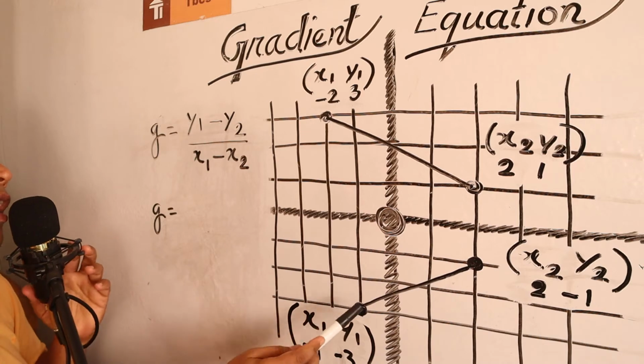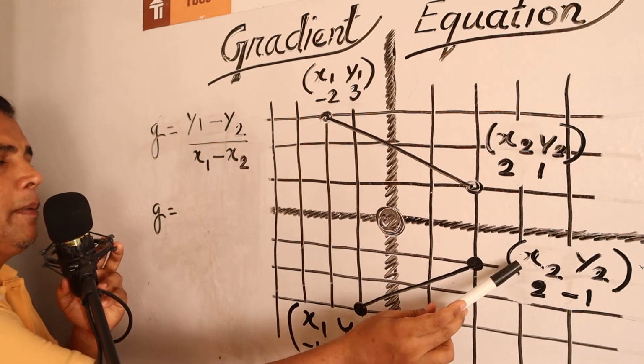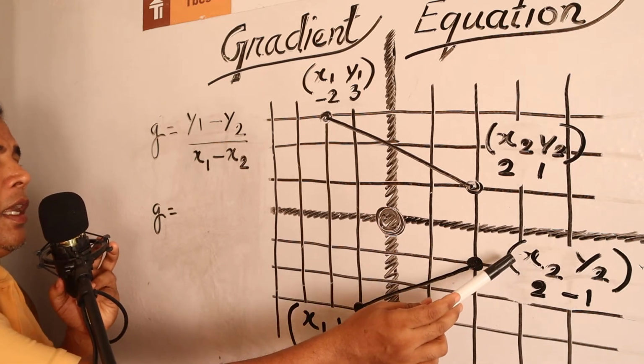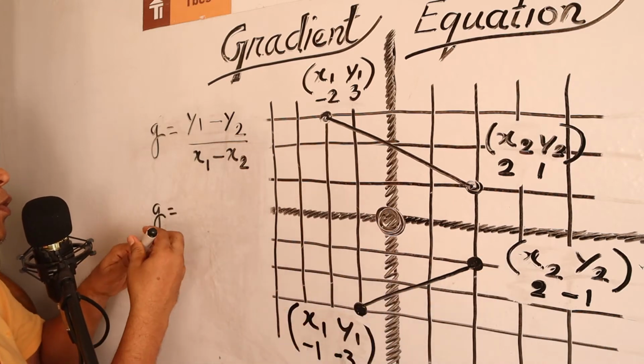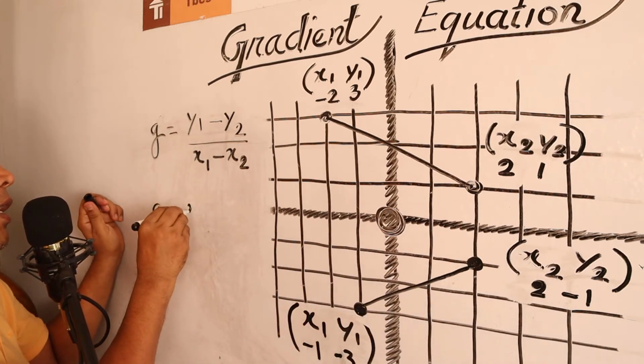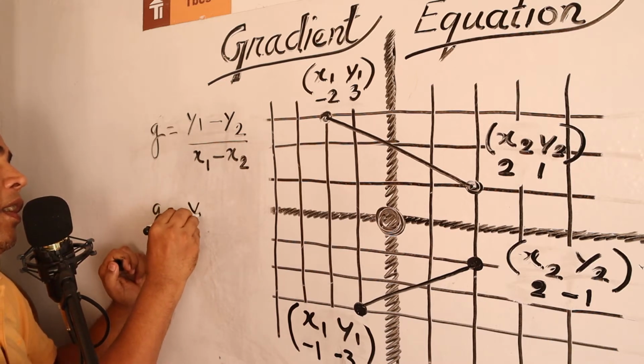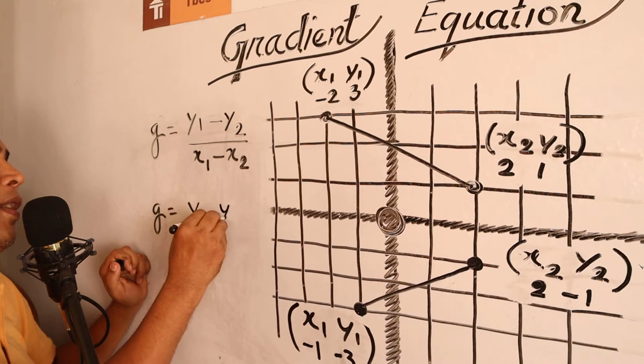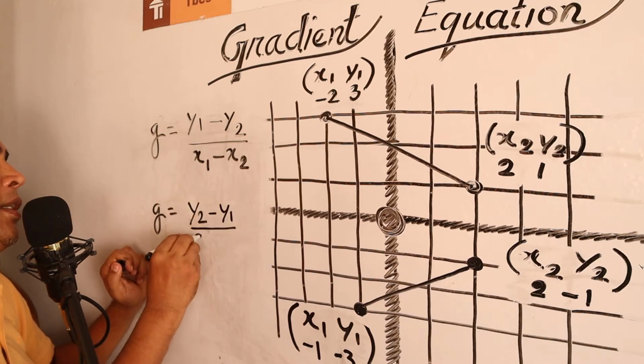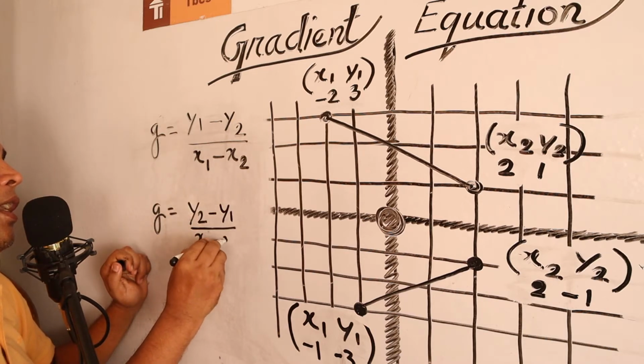On the other hand, there is another formula for getting gradient. This is the ground floor and this is the first floor. Obviously, the value of the first floor will be at the beginning. Why are we taking y2 first? y2 minus y1 over x2 minus x1.